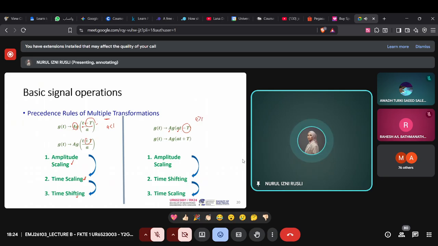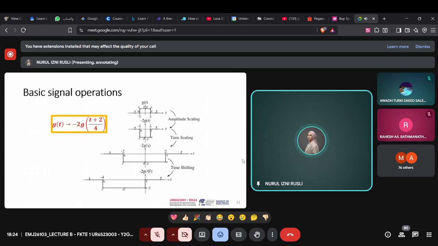Whenever you have time scaling greater than 1, firstly you do the amplitude scaling, second you do the time shifting, and lastly you do the time scaling. So it's different from the previous one, because there you have to do the time scaling first and then the time shifting.